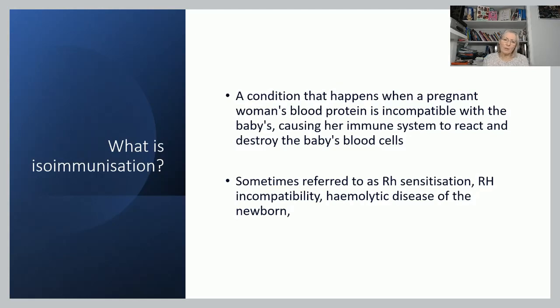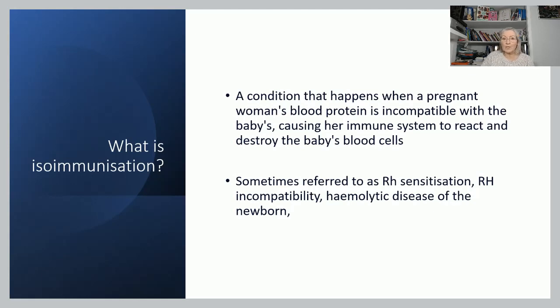So isoimmunisation happens when you've got the protein in a pregnant woman's blood, that protein we said is on the surface of the red blood cell, that is incompatible with her baby's. Essentially, if you've got an Rh negative mother, but the baby is Rh positive, then her immune system will react.